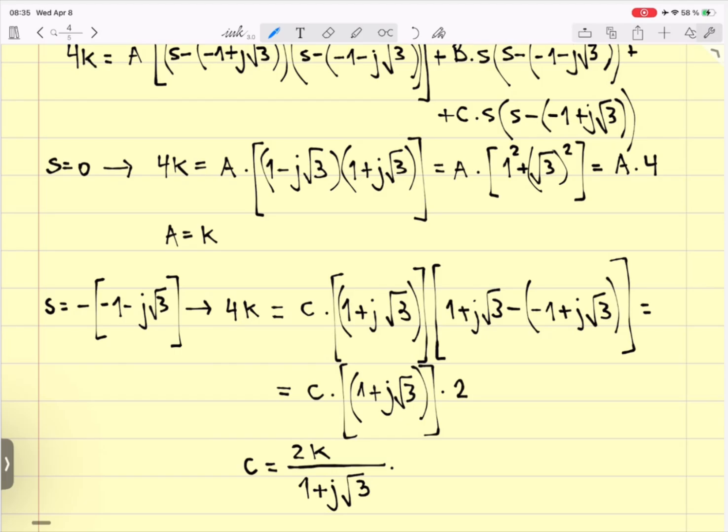If we multiply by the complex conjugate, this equals 2k divided by 4, so k divided by 2 times (1 minus j square root of 3). And this is c.